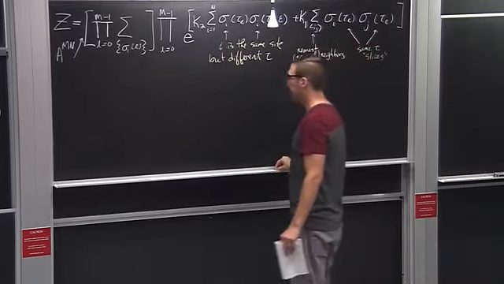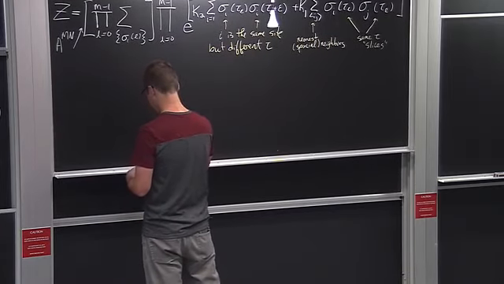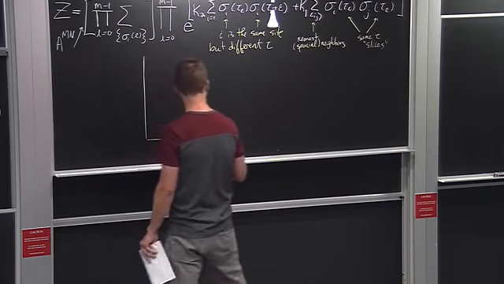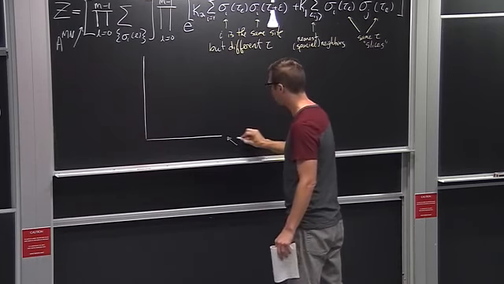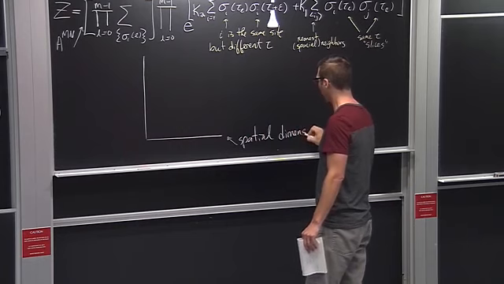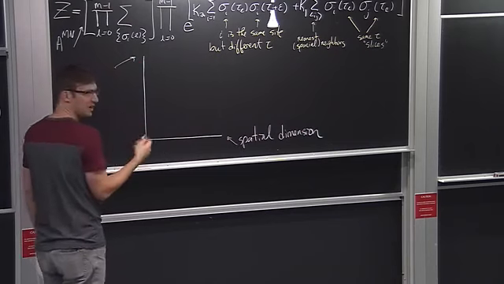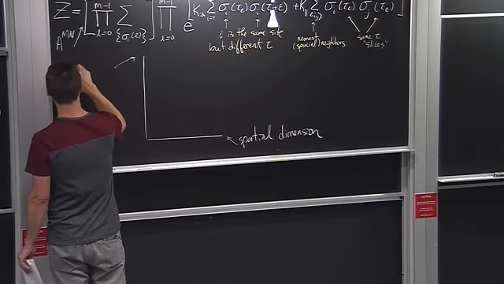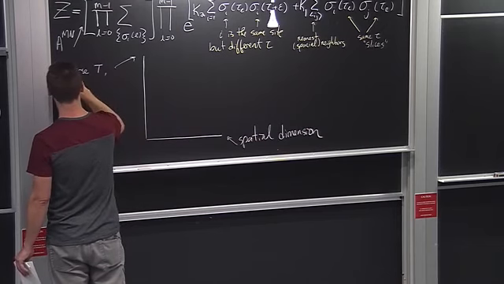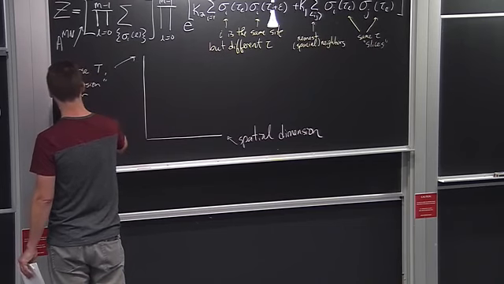So the partition function, if I wanted to draw it sort of graphically, imagine that I just have a spatial dimension, and an inverse temperature or expansion or imaginary time.